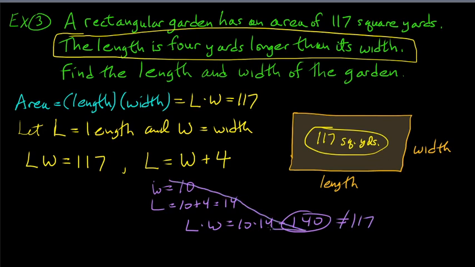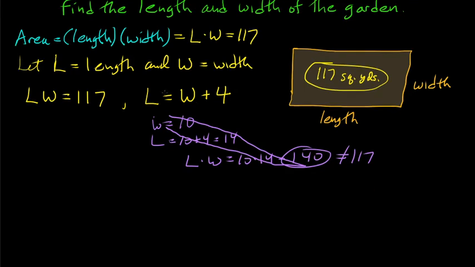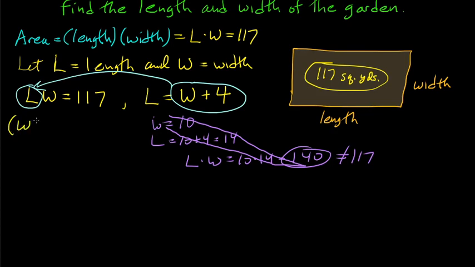All right, so again, let's not try to guess. Let's do this a little more systematically. For one thing, now that we know what L is in terms of W, I can replace this L here with W plus 4. In other words, L is W plus 4, but then we multiply by W, and that gives us 117.